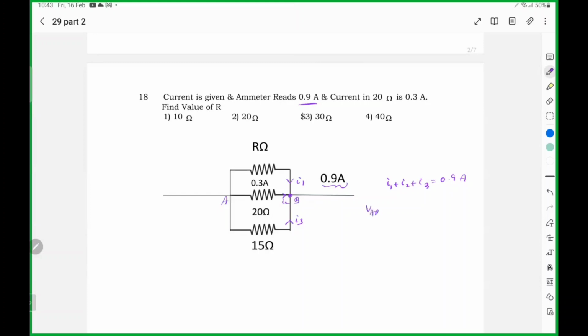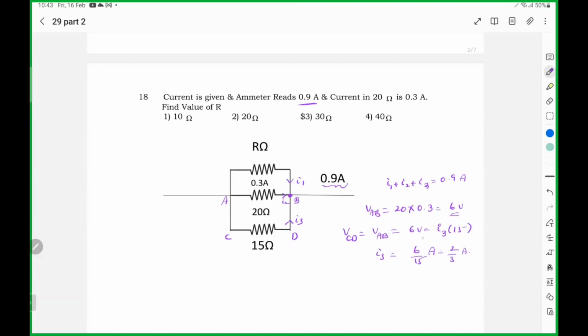The potential difference across AB is 6 volts. So here the potential difference across CD is the same because they are connected in parallel. So how much current it passes means I3 into 15. That is 6 by 15 amperes. That is 2 by 3 amperes.